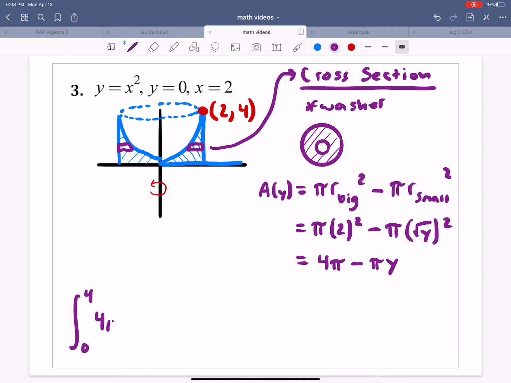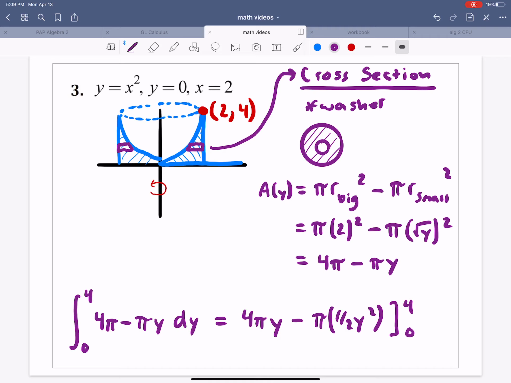And again, that function that gives us the area of a cross-section is 4 pi minus pi times y dy. So again, these integrals should not be super complicated for us. They should be pretty straightforward and easy. So then we get pi times 1/2 y squared evaluated from 0 to 4. So then here we are, we plug and chug.